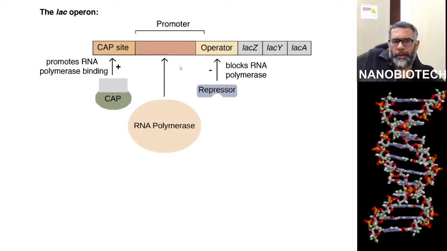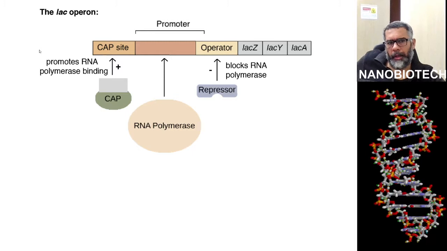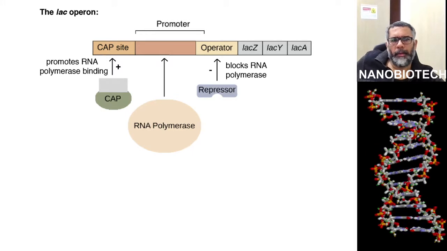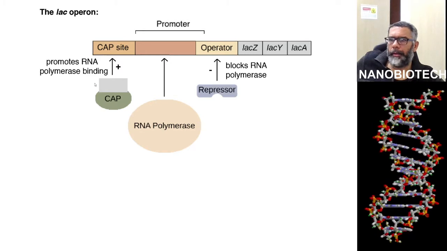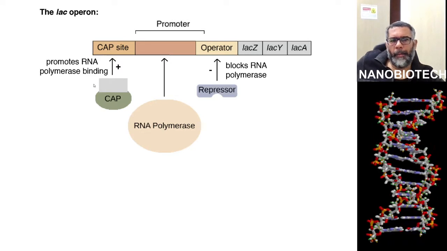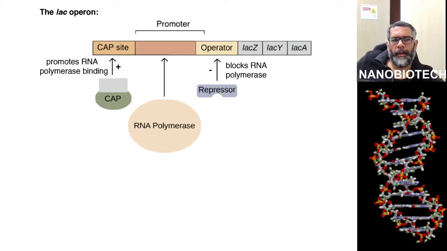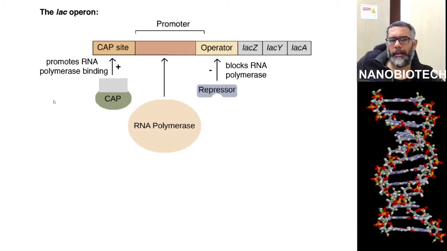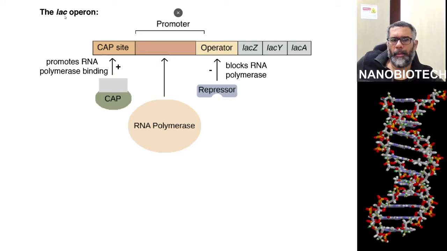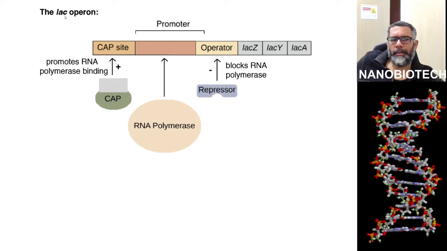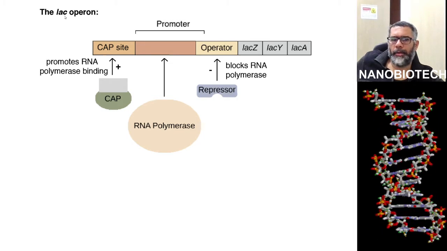Some operons are usually off, but can be turned on by a small molecule. The molecule is called an inducer, and the operon is said to be inducible. For example, the lac operon is an inducible operon that encodes enzymes for metabolism of the sugar lactose.